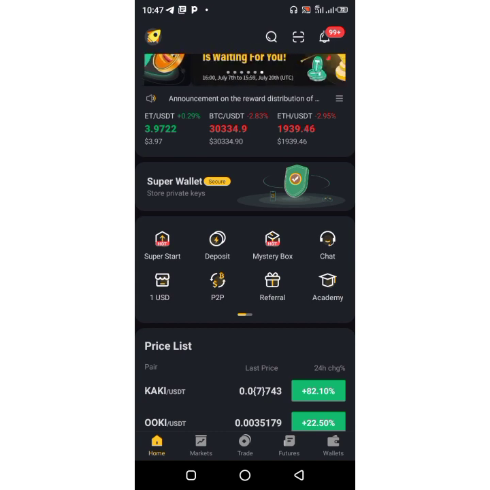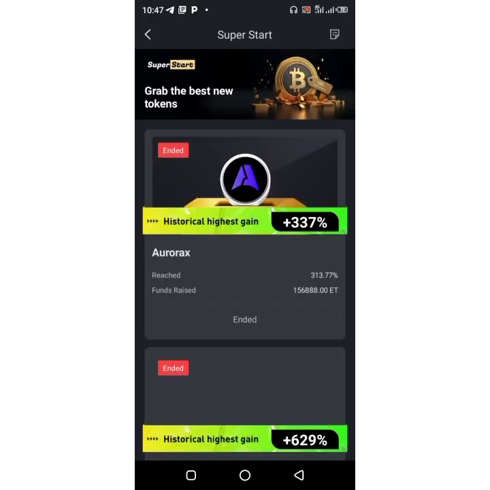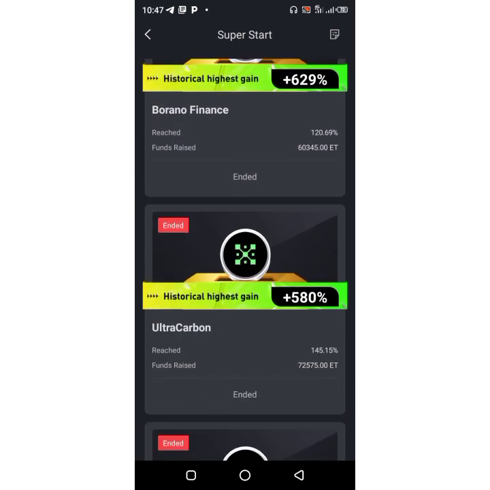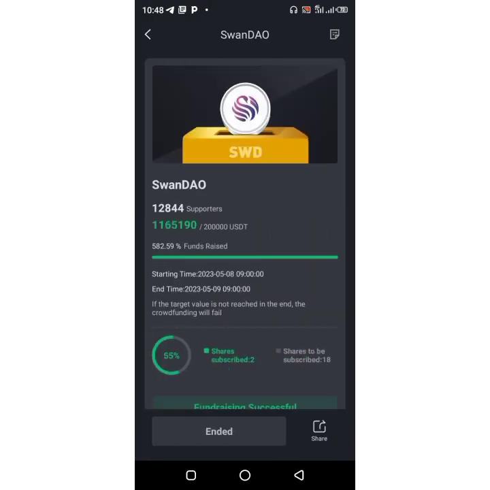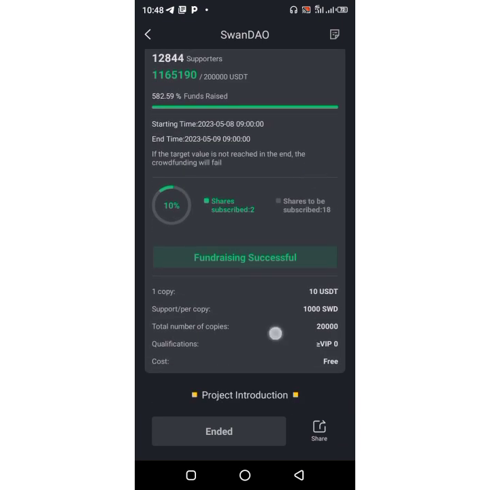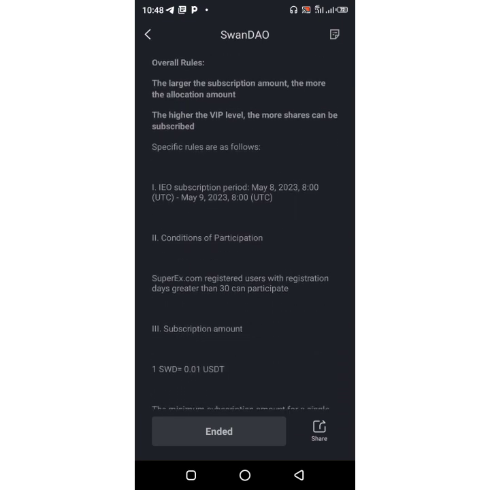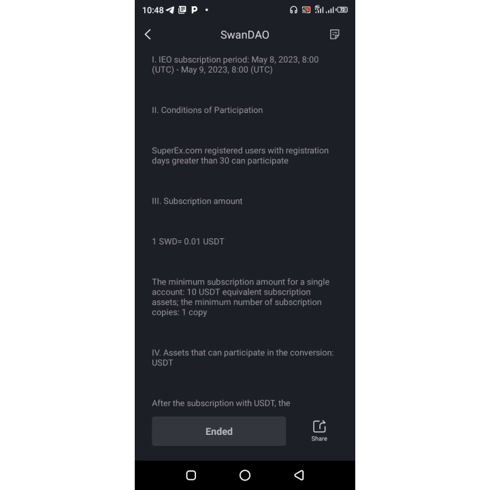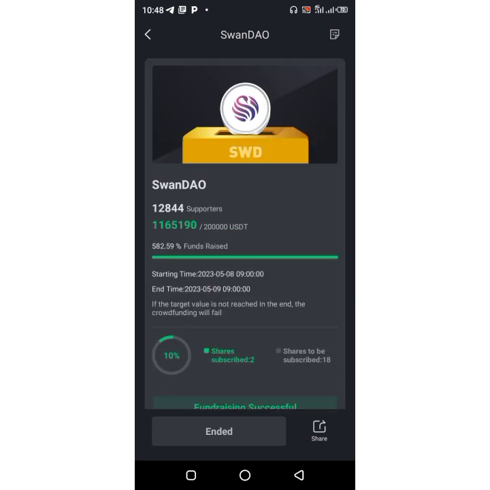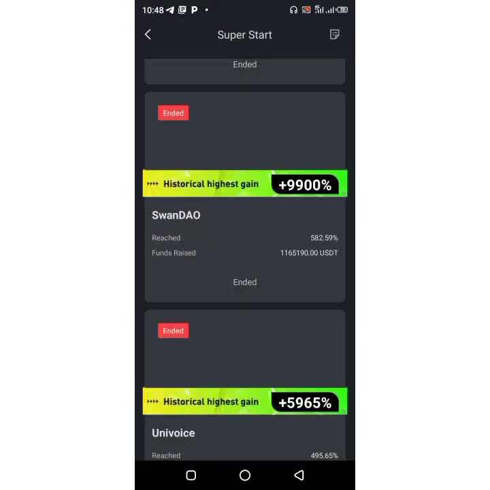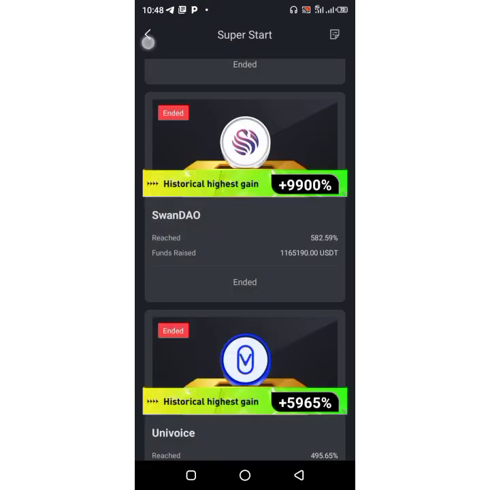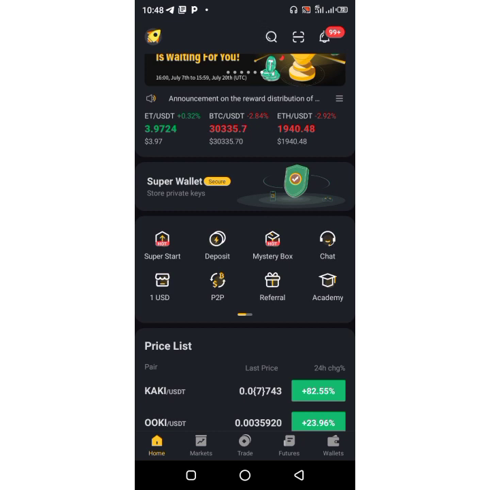Let's start from SuperStart. You see this SuperStart. The exchange gives you the opportunity to buy a new token that is about to be listed on the exchange at a low price. And this new token, I remember I really earned a lot of money from this particular token you are seeing. We bought at 0.01 per one, and when they list it, let me show you. You can search for it.